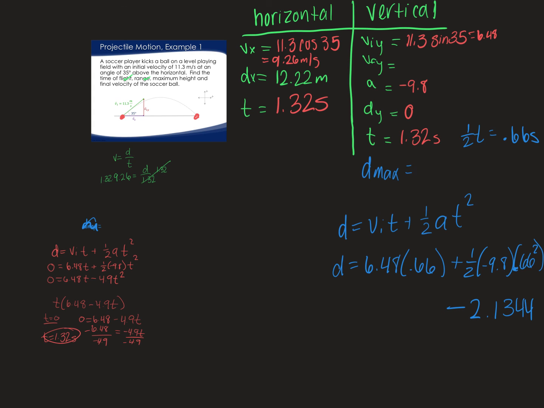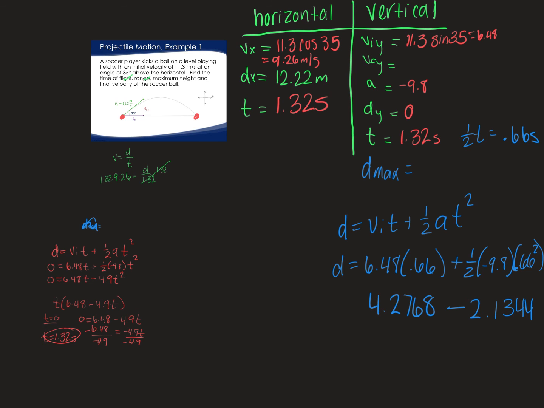And then 6.48 times 0.66 gives me 4.2768. Then I'm going to subtract that.